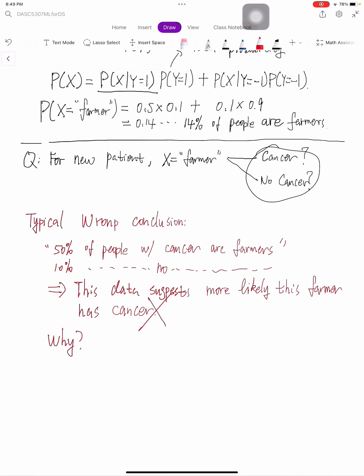Why is it the wrong conclusion? Because it ignored the cancer population.